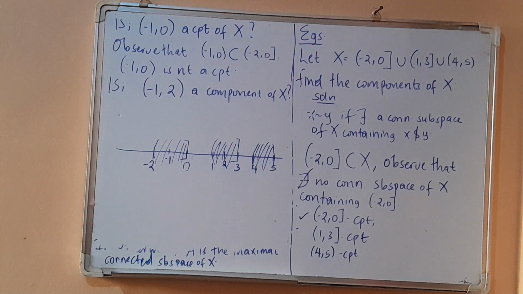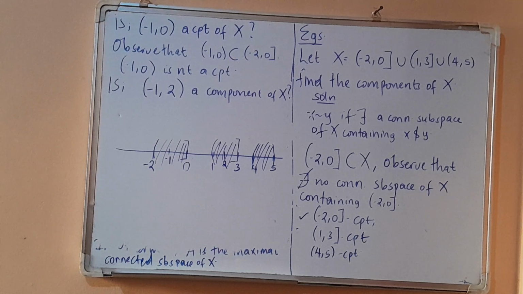Now is the interval -1 to 2 a component? First of all, for it to qualify as a component, we have to make sure that it's connected. But is that thing connected? Is it a connected subspace of X?